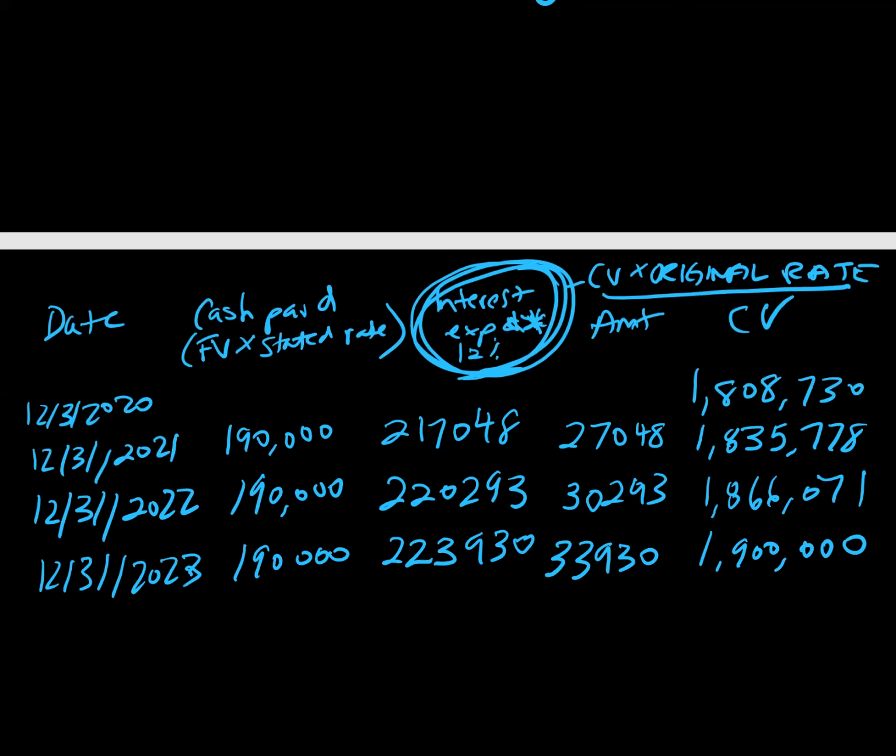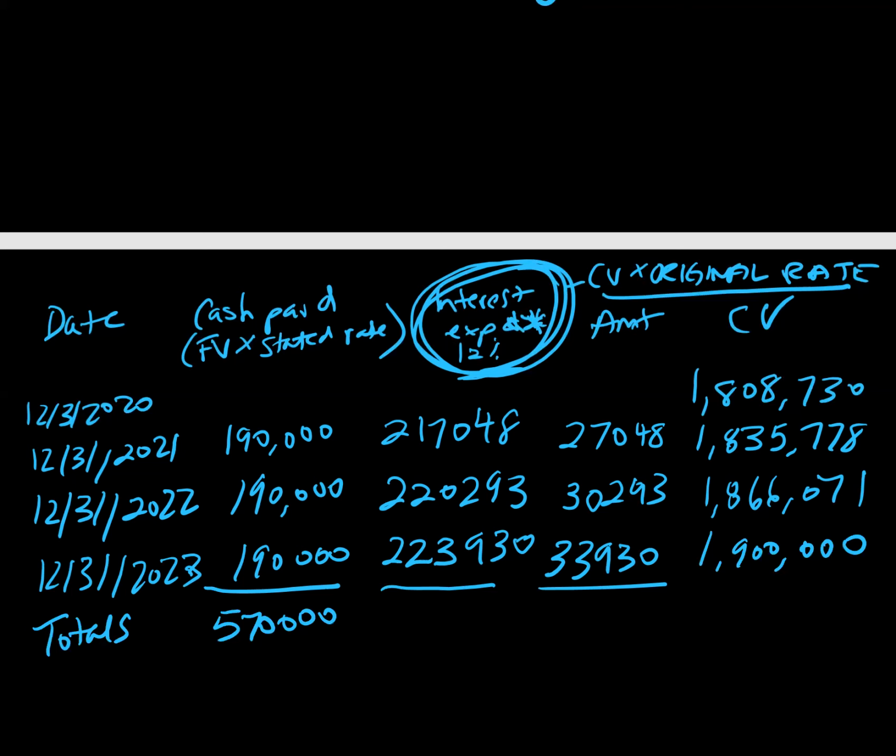So if we put totals down here, we can summarize what we've done here. We've got our cash, 3 interest payments of 190,000, means Troubled Inc. has paid interest expense over the 3 years of 570,000.